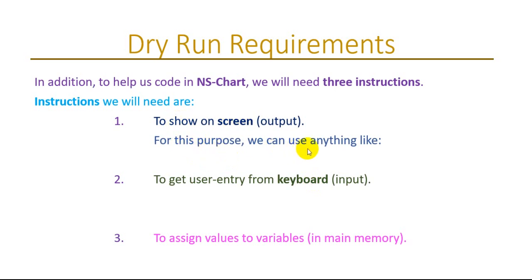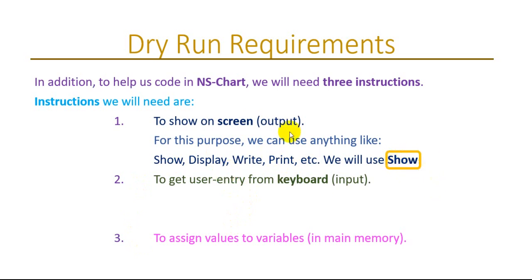For this purpose, we can use anything like show or display or write or print or put, which indicates we are going to tell the computer to show something on the screen. But in my example, in my NS chart throughout, I'm going to use the word show as the output command.